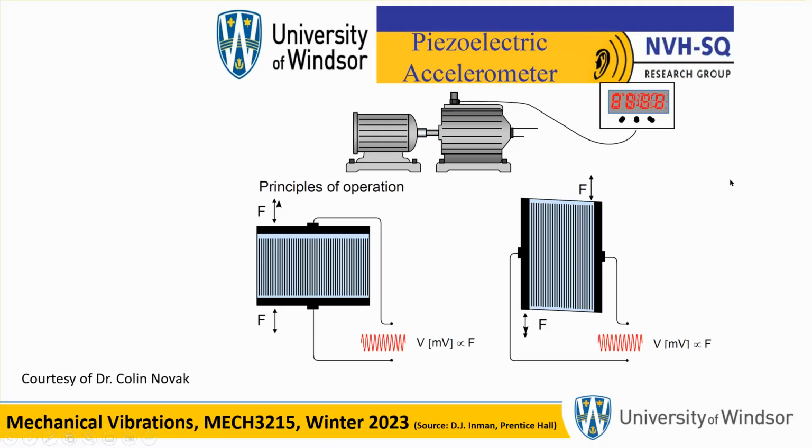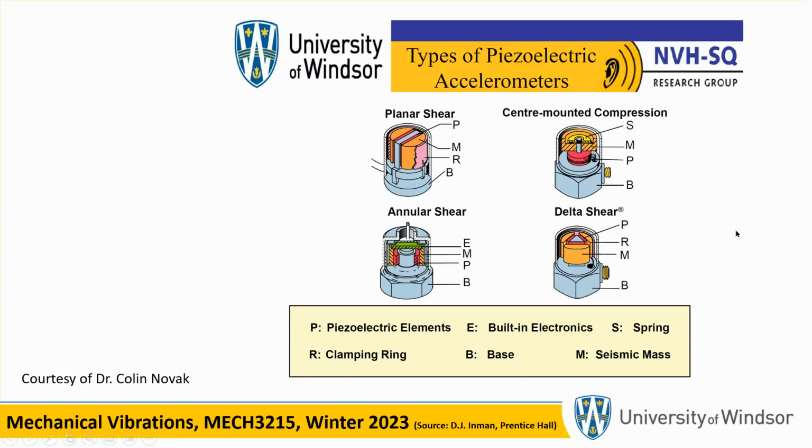Now, this drawing shows you the concept of piezoelectric, which is very robust. Okay, so when you take a piezoelectric crystal and you squeeze it in tension, or you shear it, a voltage is generated, and this voltage eventually is going to turn into, of course, an acceleration that you want. Now, there are other kinds of piezoelectric accelerometers, but this is the one where two planes shear.